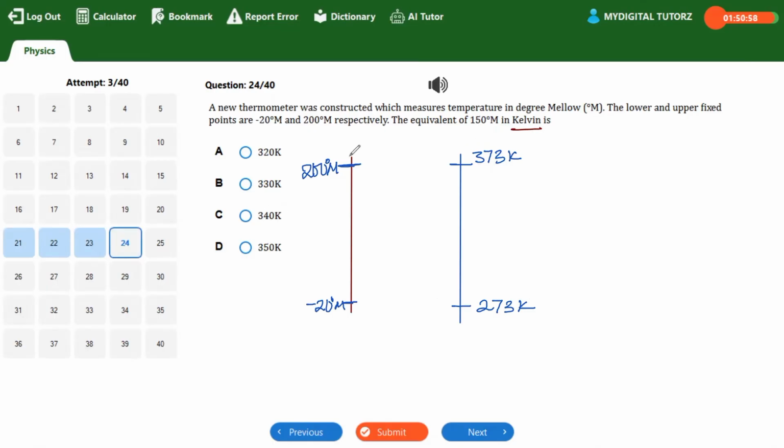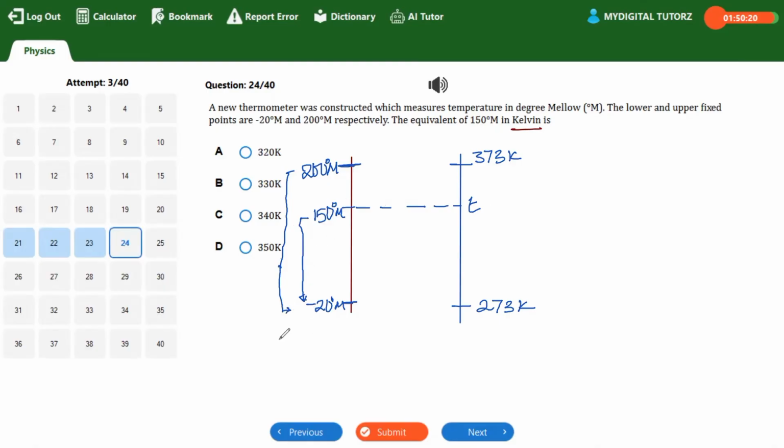So when the temperature in mellow reads 150 degree mellow, what is the equivalent of that reading in Kelvin? We don't know, so let us call it T, right? So here you now take a proportion. Taking a proportion, you subtract the lower fixed point from the reading, and also subtract the lower fixed point from the upper fixed point, then equate and do the same thing.